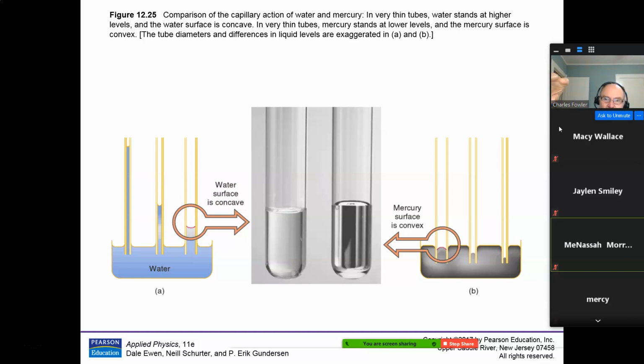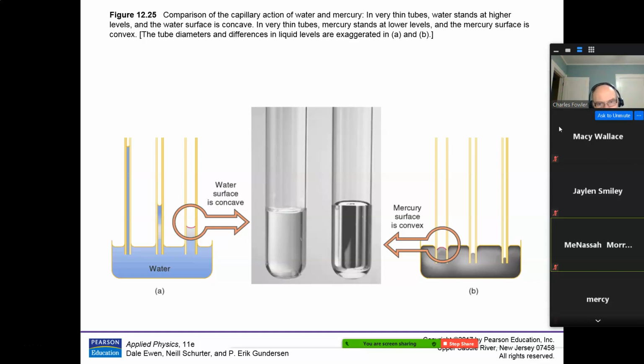If you're trying to pour honey, especially if that honey is sort of on the cool side, it takes forever for it to run out of the container. Molasses the same way. Water, it just goes out. So honey and molasses are more viscous. They have internal friction that resists the ability to flow easily. That's viscosity.